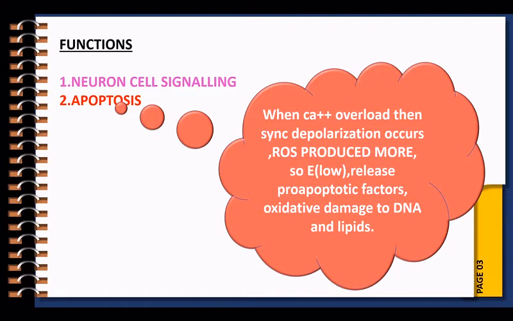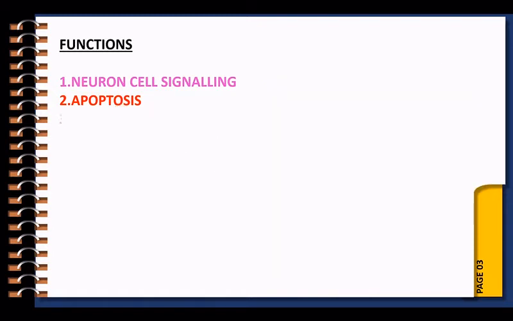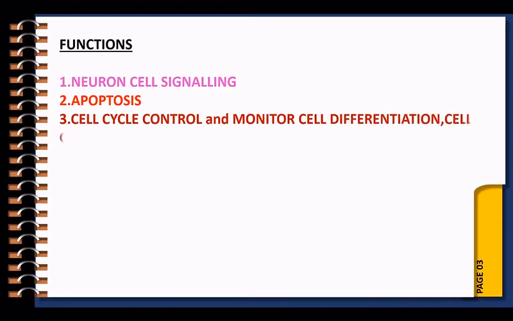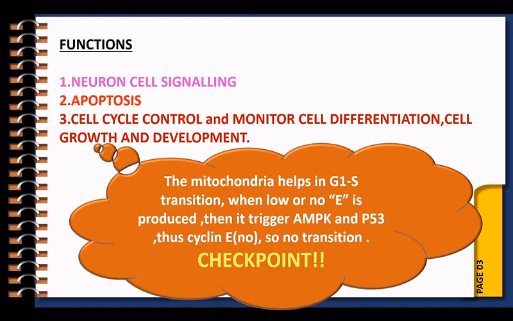And next function is cell cycle control and monitoring cell differentiation, cell growth and development. Here the mitochondria helps in the G1 to S transition state. When mitochondria is damaged, there will be low energy and it triggers AMP kinase and P53. So there will be no production of cyclin E, and thus no transition occurs in the cell.